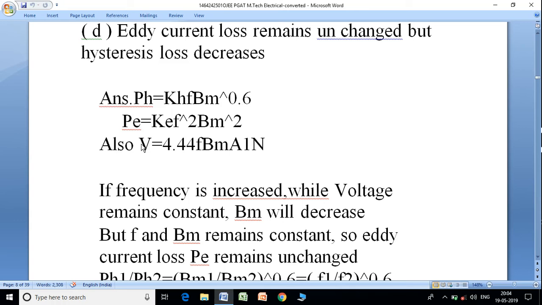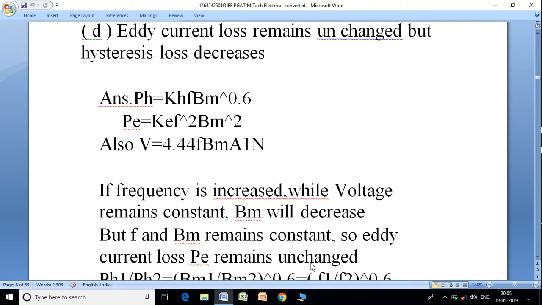But already we have another condition, we have to maintain the voltage constant. It means this must be constant. Therefore, if frequency is increased while voltage remains constant, so Bm decreases to maintain the voltage constant. If frequency increases, then Bm must decrease, because all the others are constant. So Bm will decrease, but the product of f and Bm remains constant.